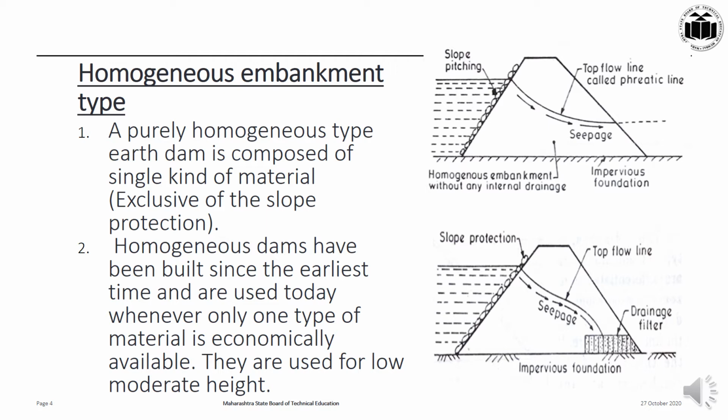Such a section is used for low to moderately high dams. Homogeneous dams have been used since the earliest times and are used today where only one type of material is economically available, for low or moderate height.